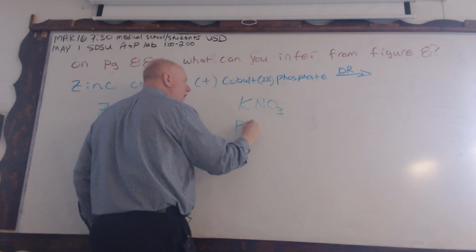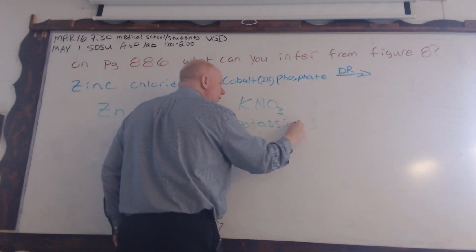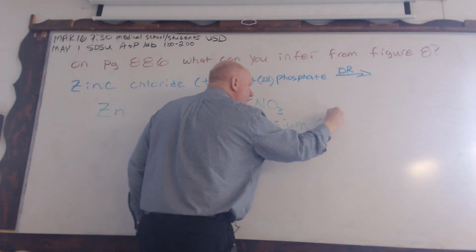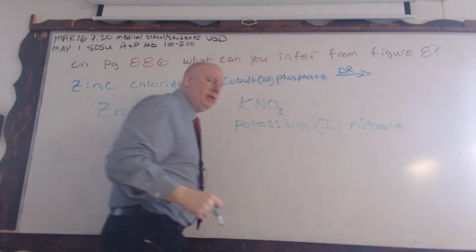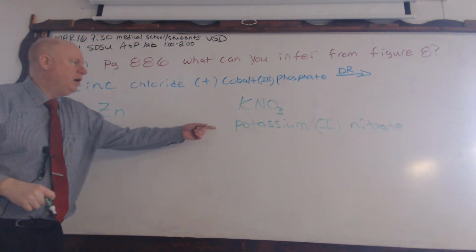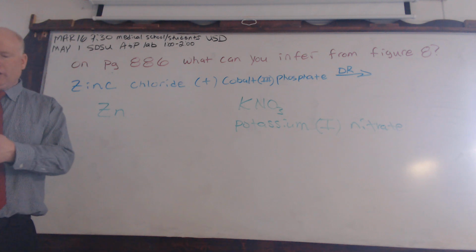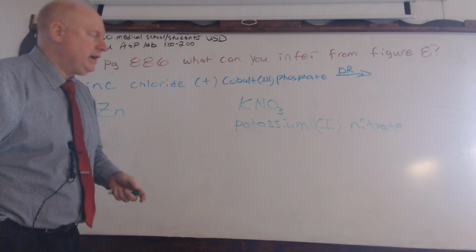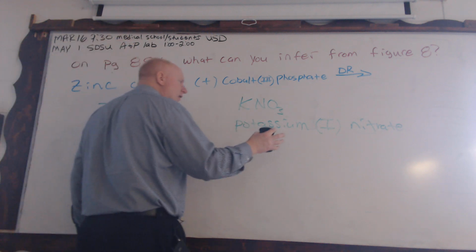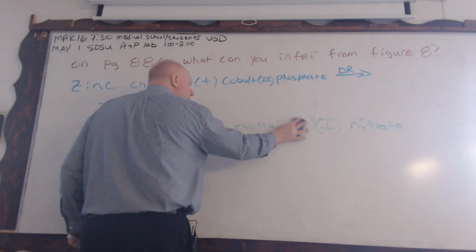They will write this out. It's not that that is incorrect, but what's wrong with that? You don't need that Roman numeral 1 because how many different types of charges does potassium have? It only has a charge of +1, so you don't need that Roman numeral.